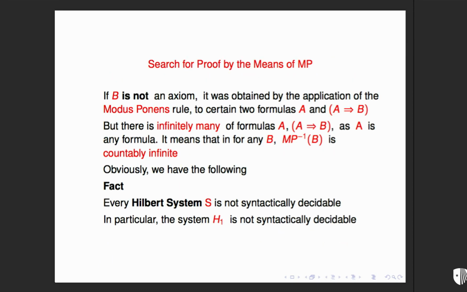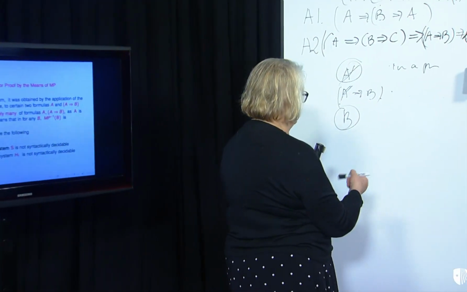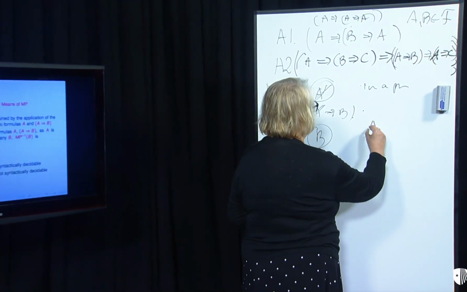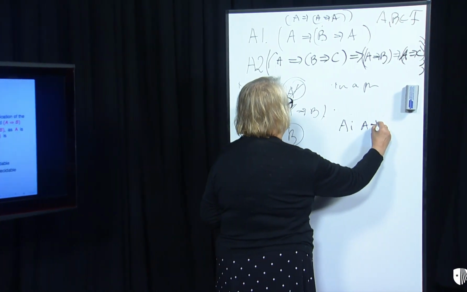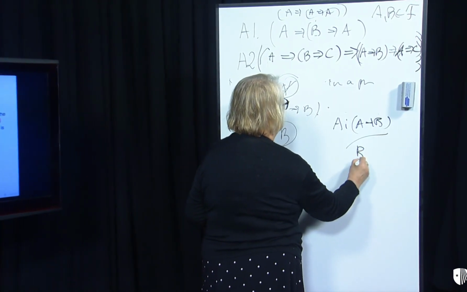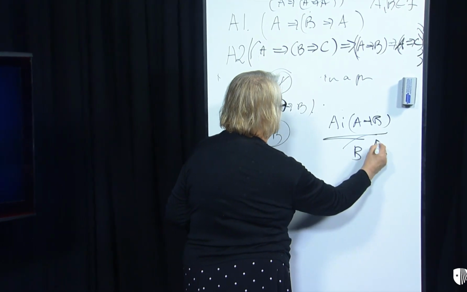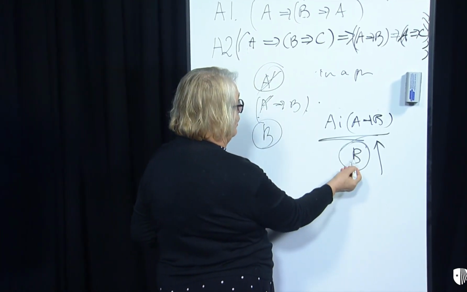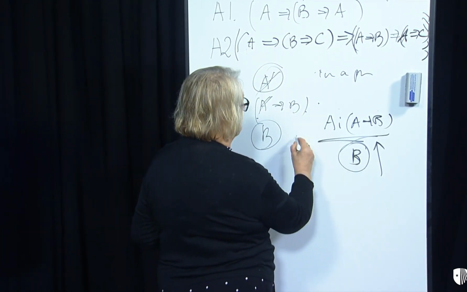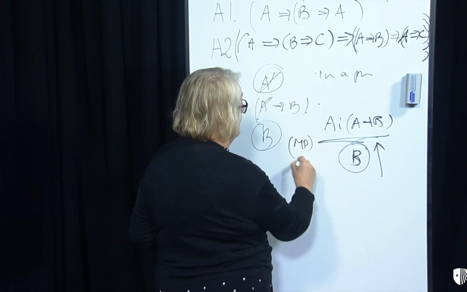And you can see it nicely. So with any modus ponens, when you think about what's happening, you have A implies B, and you deduce B. And now if you want to reverse and say, okay, how did I deduce B by modus ponens?